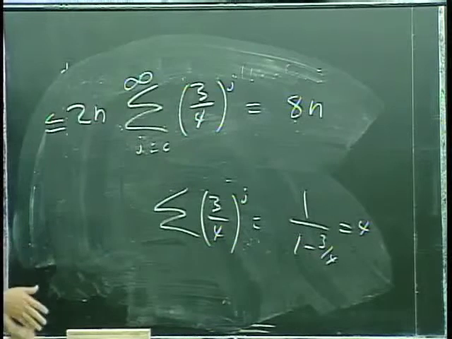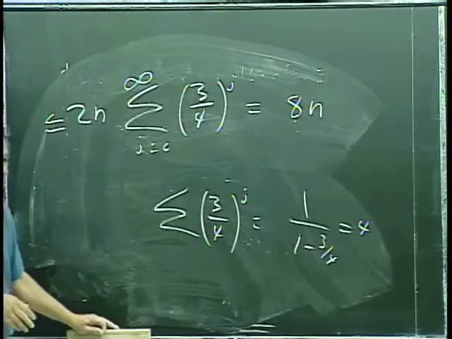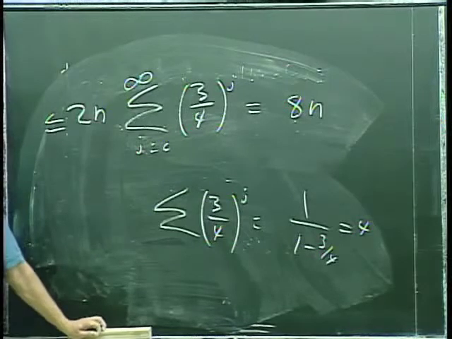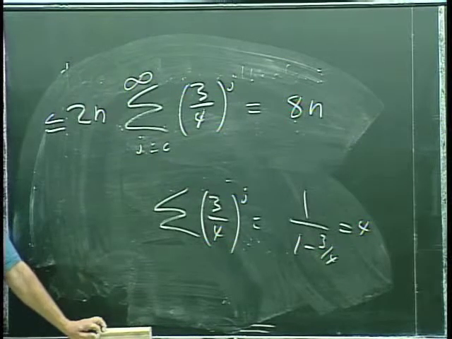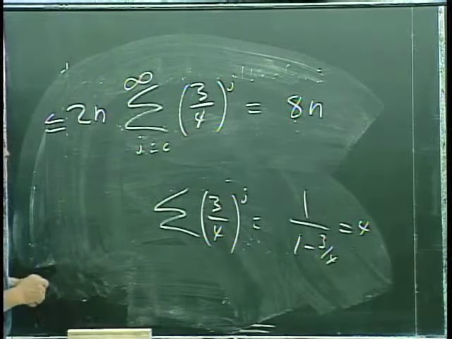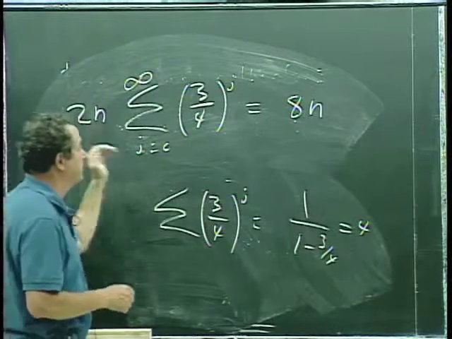So we have derived that the expected number of comparisons in this algorithm, and when is it doing comparisons? It takes a splitter and looks at all the elements in S, comparing them to the splitter. If you sum that up over the entire running of the algorithm, the expected number is less than or equal to 8n.